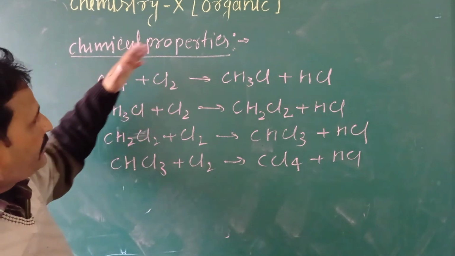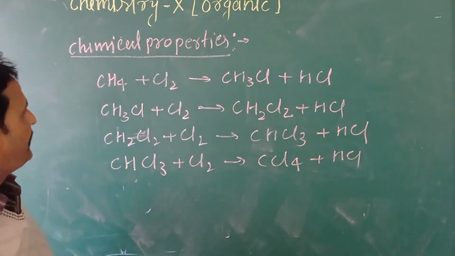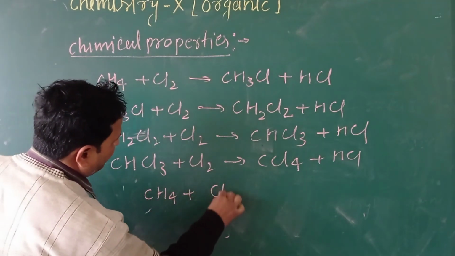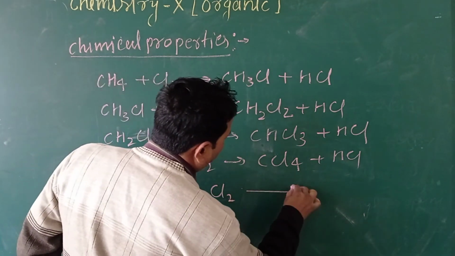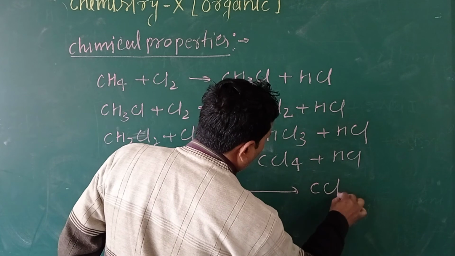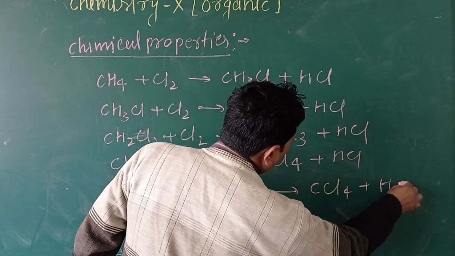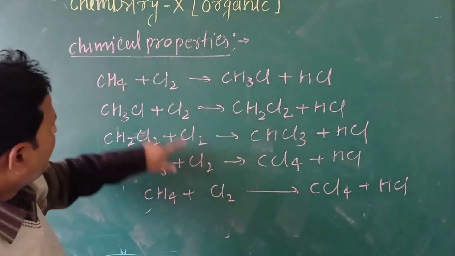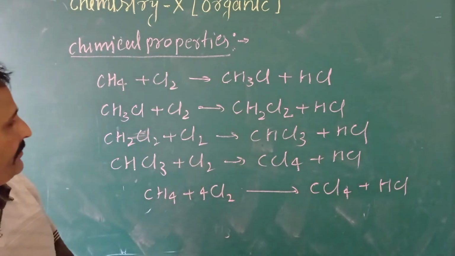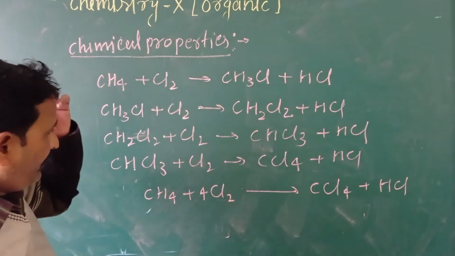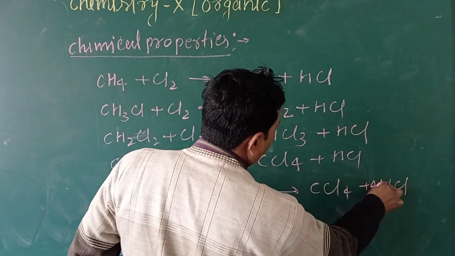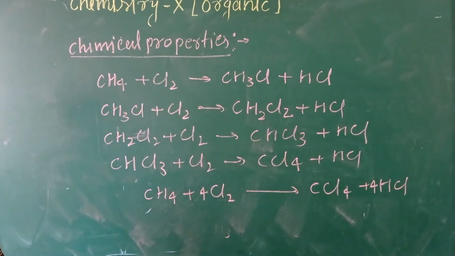So one option is that you write all the reactions. The other option is that when methane reacts with chlorine, it forms carbon tetrachloride, CCl4, and HCl. Now see, this is step 1, 2, 3, 4 chlorine, so you write 4, and 4 HCl.